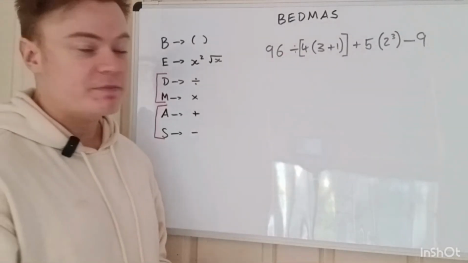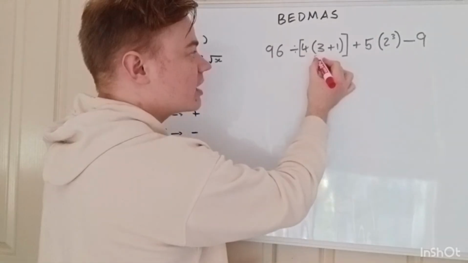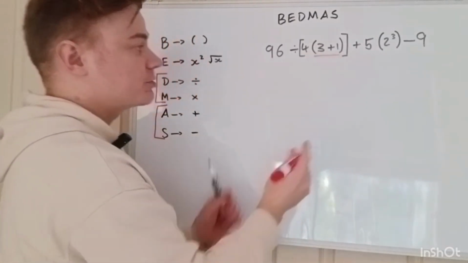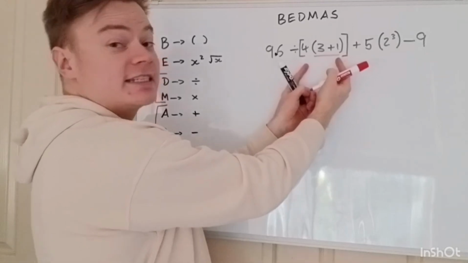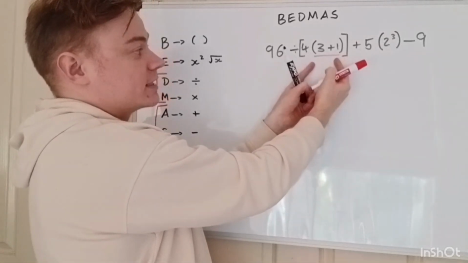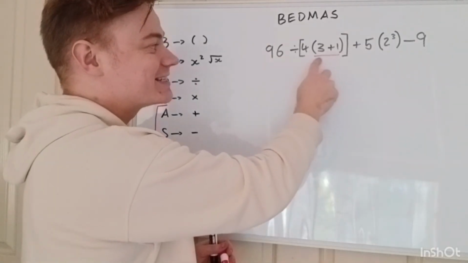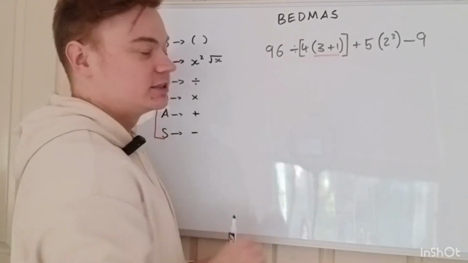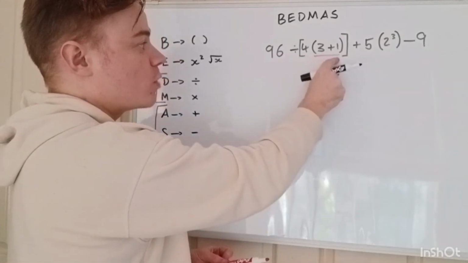Now, there's a reason I picked this one, and that's because we actually have brackets inside other brackets. So we have a group of brackets or parentheses here, and then inside we have another brackets and parentheses. What we do in this case is we do the ones that are inside the other brackets. Okay, so we're going to do the 3 plus 1 first.